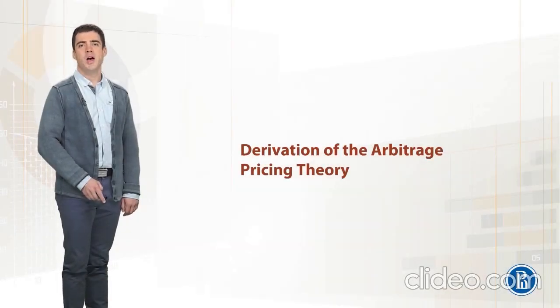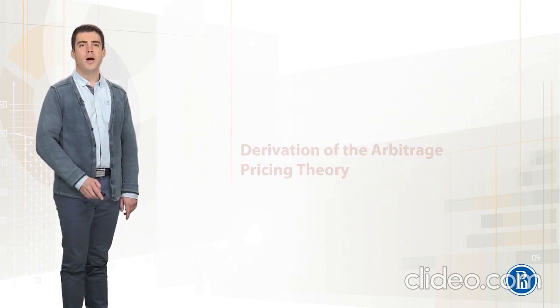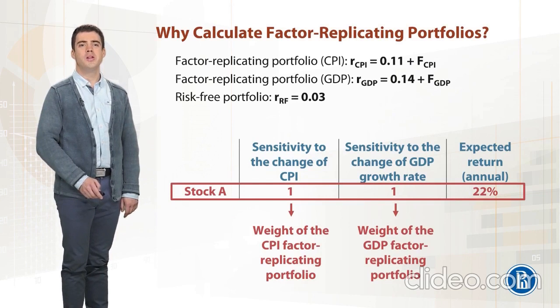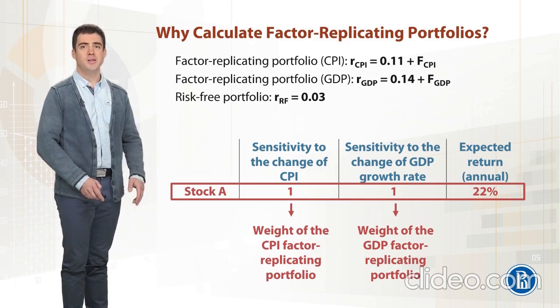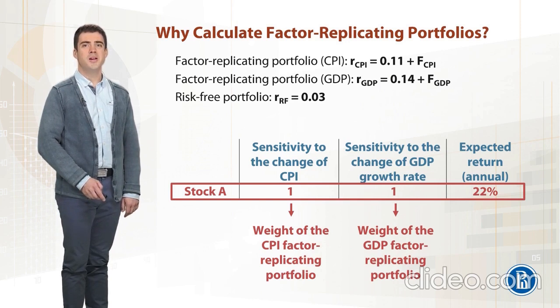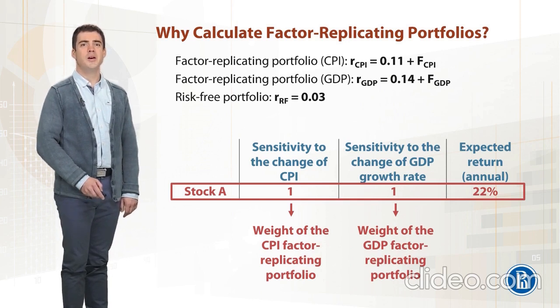Having listened up to this point, you may still have a question. Why do we bother calculating the factor replicating portfolios and estimating the risk-free returns? So what's the main purpose of that? The answer is that we need these estimations in order to explain the relationship between the expected return on the asset and its factor sensitivities.